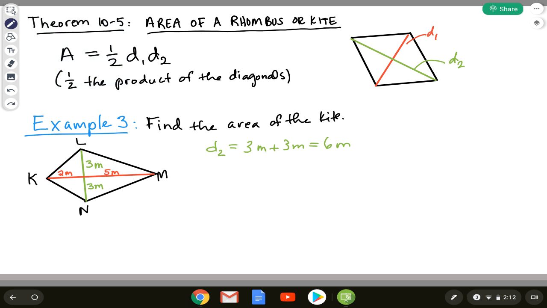Diagonal 1 is 2 meters plus 5 meters, which is 7 meters. So if I know those diagonals, my area will just be 1/2 times 7, which is the diagonal 1, times 6, which is diagonal 2. So that's going to be 1/2 of 42, which is 21 meters squared.